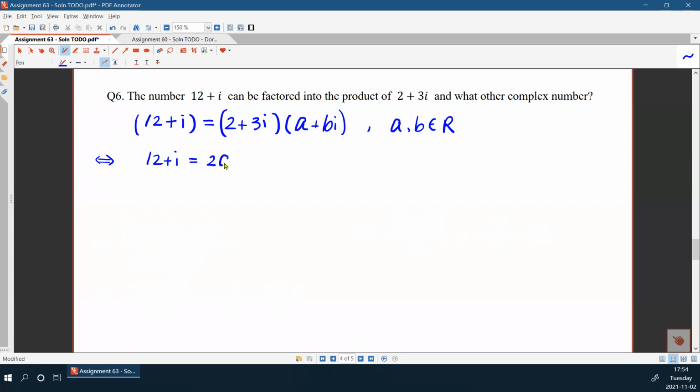So the right side is 2a plus 2bi plus 3ai plus 3bi squared, right? Which is equivalent to 12 plus i equals, we can combine the real part, which is 2a minus 3b. Then combine the imaginary part, which is 3a plus 2b i.